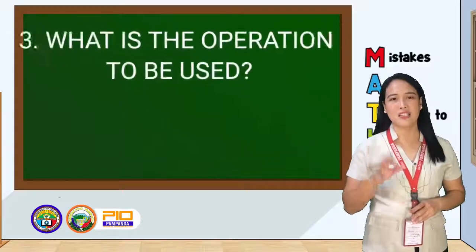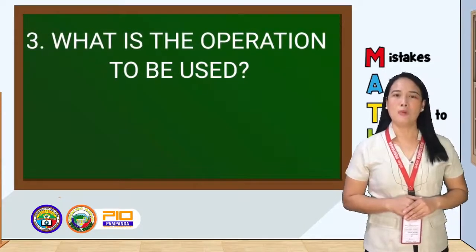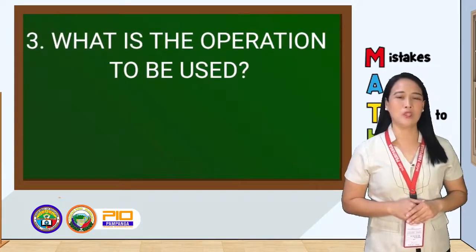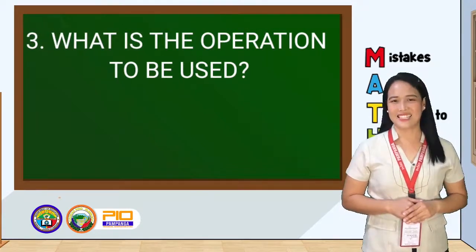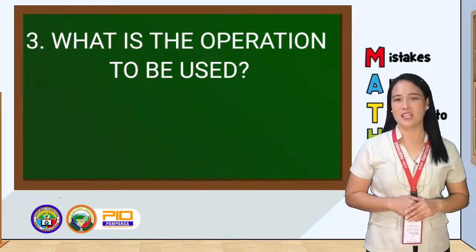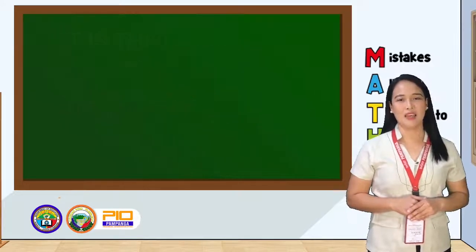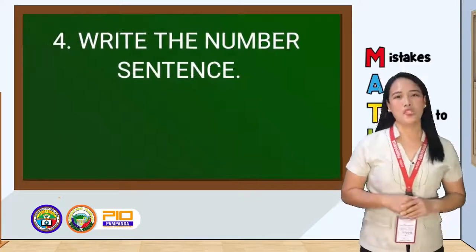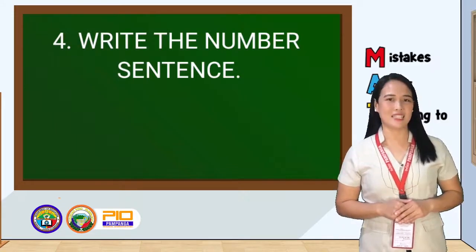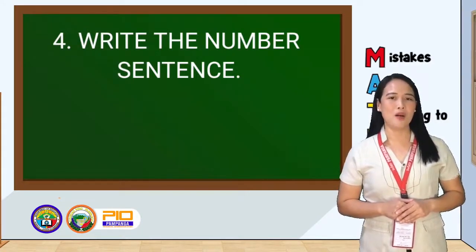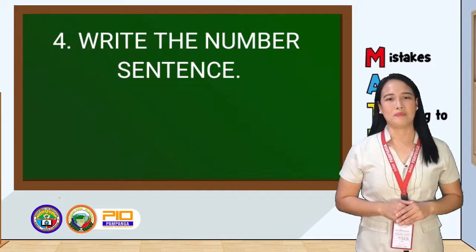Now, the third step, we need to find the operation to be used. What do you think? Yes, we will be using the process or operation of multiplication. And the fourth, we're going to write the number sentence. What do you think will be our number sentence?